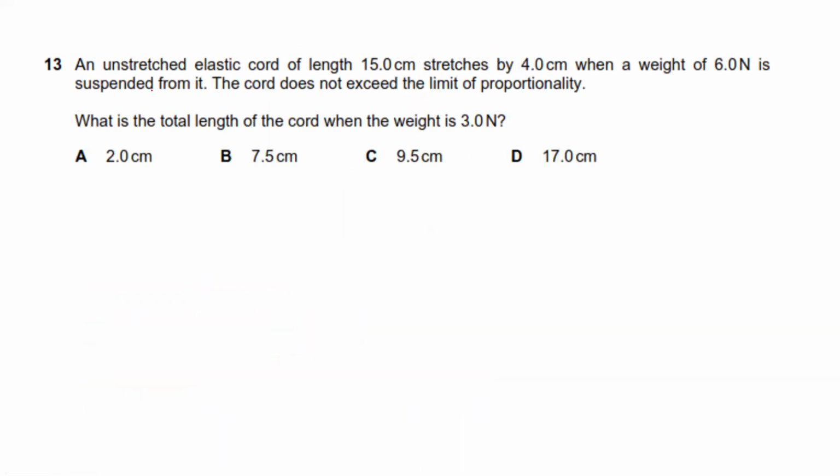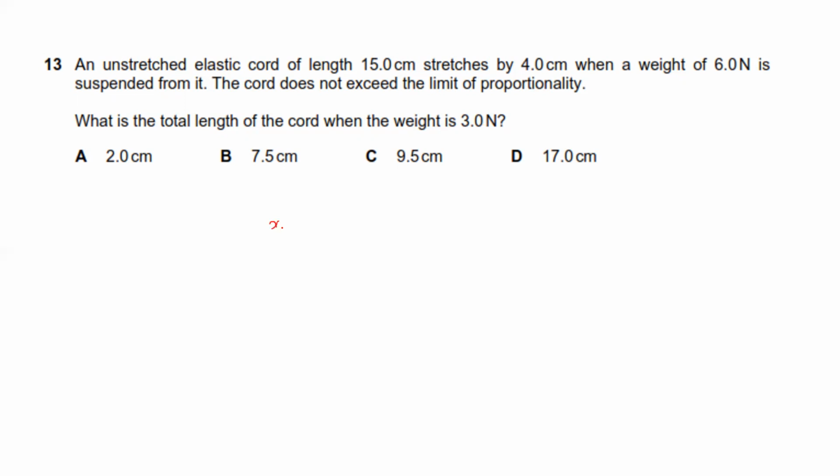It says an unstretched elastic cord of length 15 centimeters stretches by 4 centimeters when a weight of 6 Newton is suspended from it. The cord extension does not exceed the limit of proportionality. What is the total length of cord when the weight is 3 Newton?